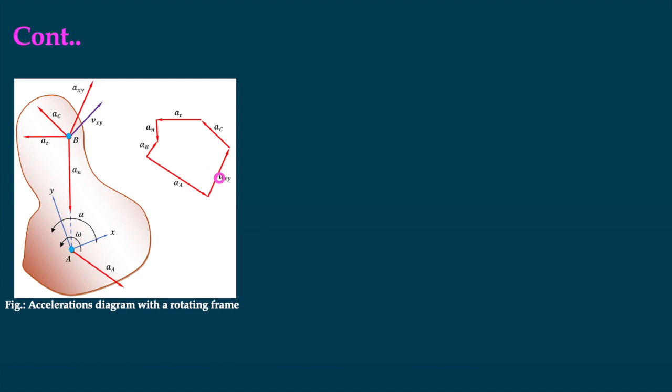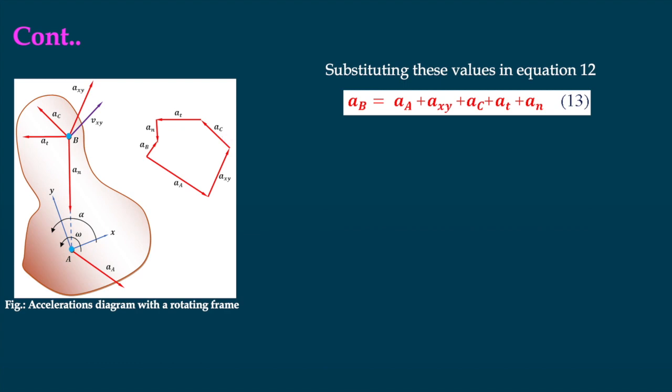So this is this, and AXY is a function of omega, and this AC I have told you I will discuss in detail. Now rewriting the equation, AB equals AA plus AXY plus AC plus AT plus AN.